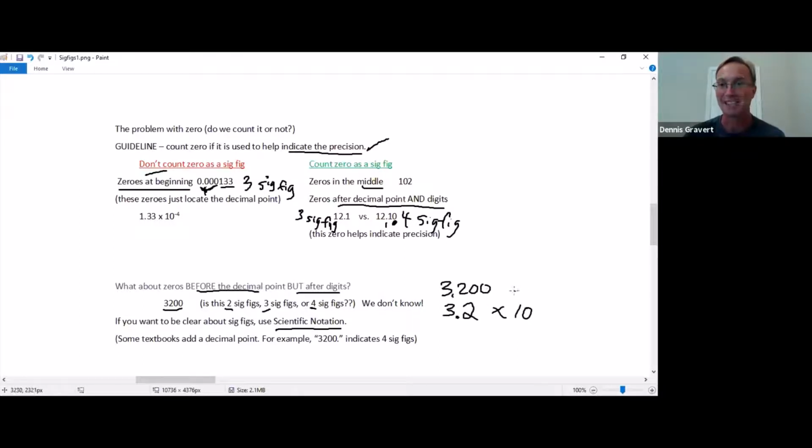Maybe you want to keep all the zeros, or maybe you don't. So there's a couple ways to write your scientific notation. Let's start with this one, 3.200 times 10 to the, I need an exponent so that when I multiply this out, 3.2 times 10 to the something power, I have to equal 3,200.